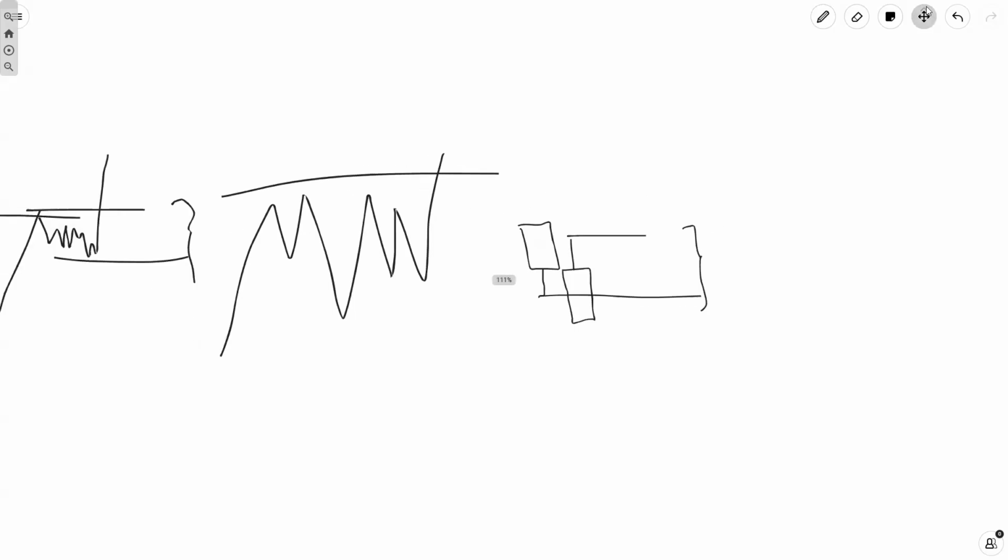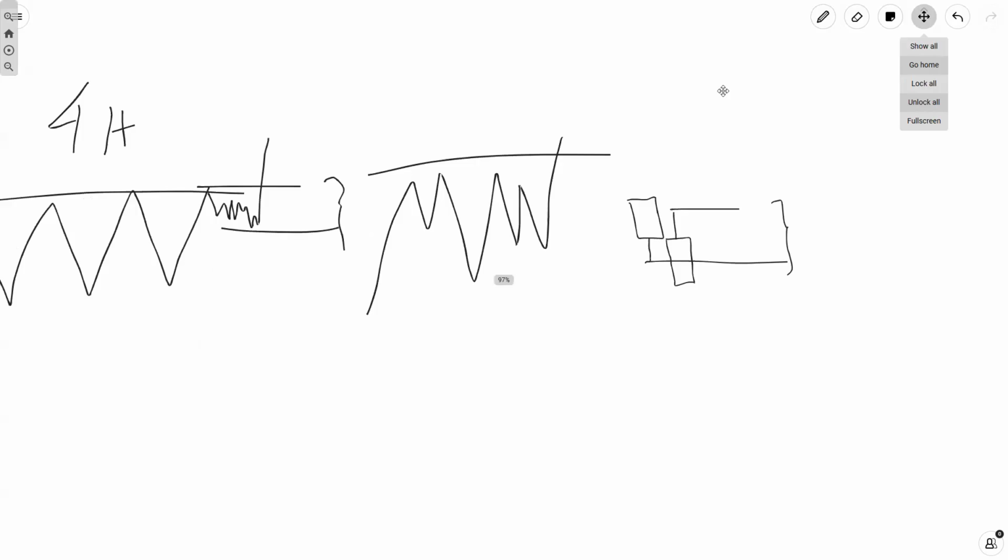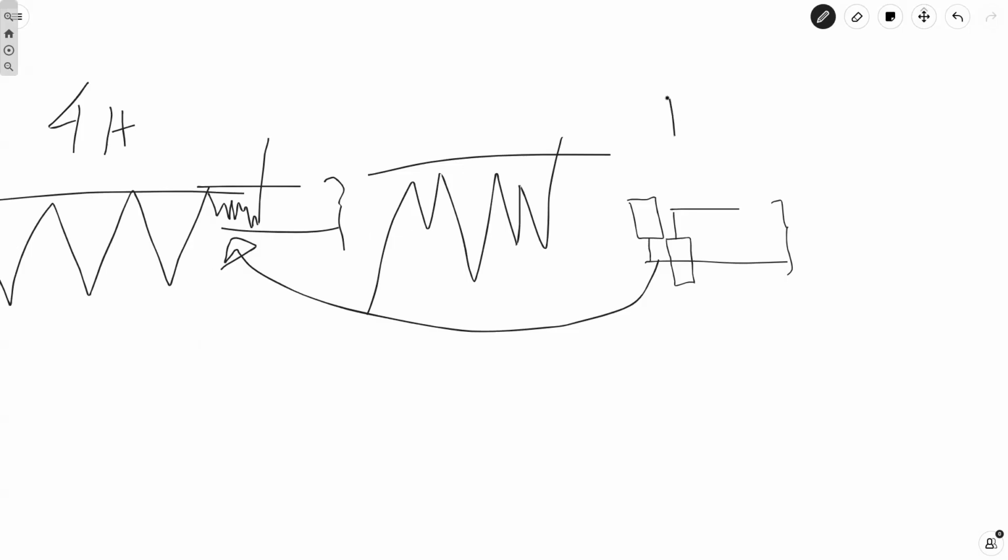So for instance, once we change the structure, we need to see this structure here. Once we change from 4-hour to daily, we need to see from this to this, only this structure.